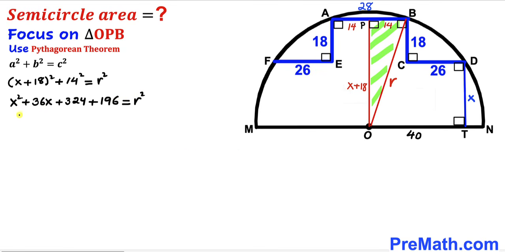Let's combine the like terms. So we are going to have x square plus 36x plus 520 equals r square. I'm going to label this one as our equation number 1.